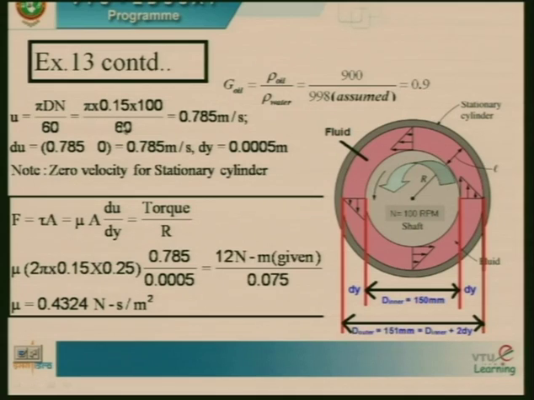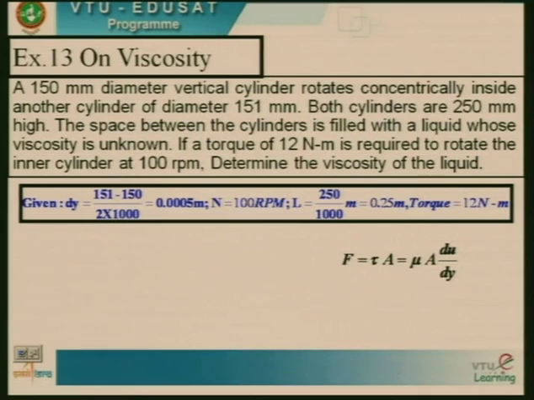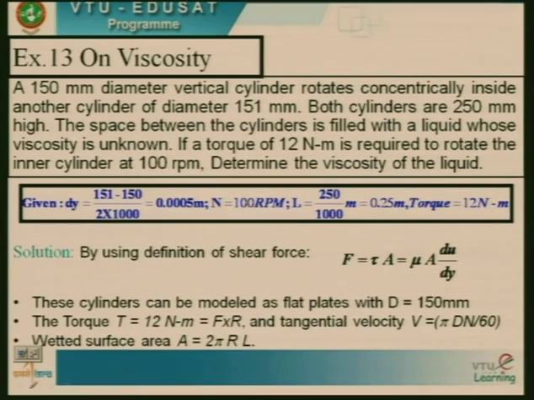Is it okay? I know this question is slightly lengthy. I also know we are using an extra equation. So, that is the reason I will just repeat in a small formula what you should remember. In this equation, we have to convert Newton's law of viscosity into shear force by multiplying by area.